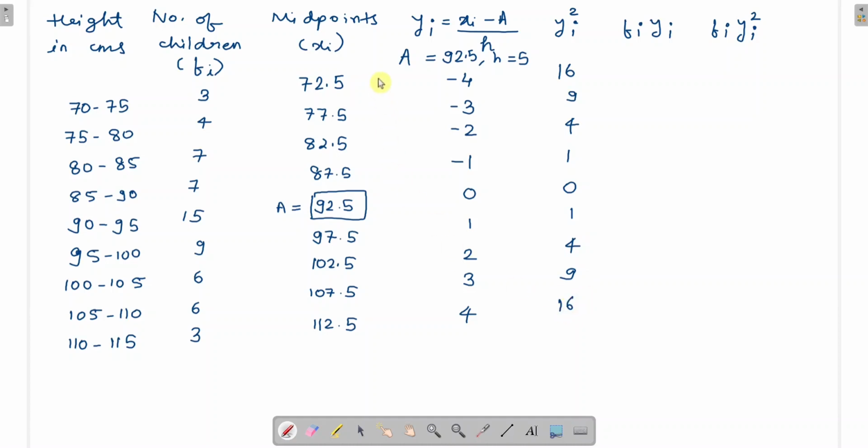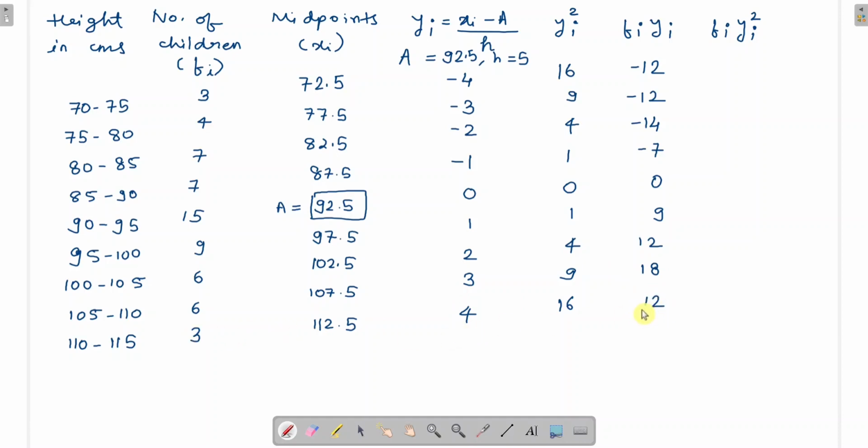Then fi yi: 3 times minus 4 is minus 12, 4 times minus 3 is minus 12, 7 times minus 2 is minus 14, 7 times minus 1 is minus 7, 15 times 0 is 0, 9 times 1 is 9, 6 times 2 is 12, 6 times 3 is 18, 3 times 4 is 12.